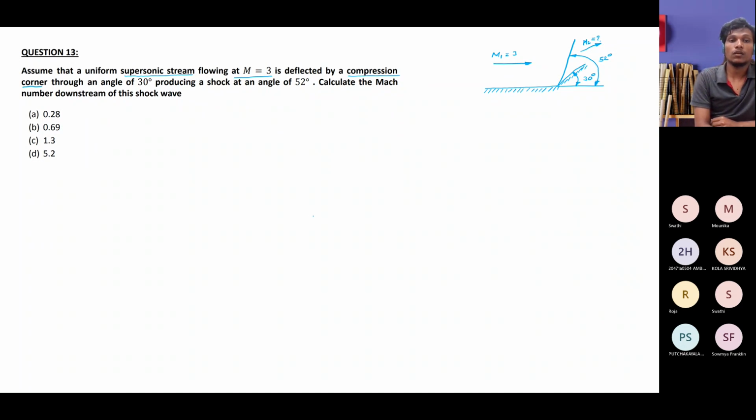So how do we calculate this Mach number? We don't have a relation particularly for an oblique shock wave. Oblique shock waves can be at any angle, so different possible angles of oblique shock wave can be formed. But how do we calculate that?